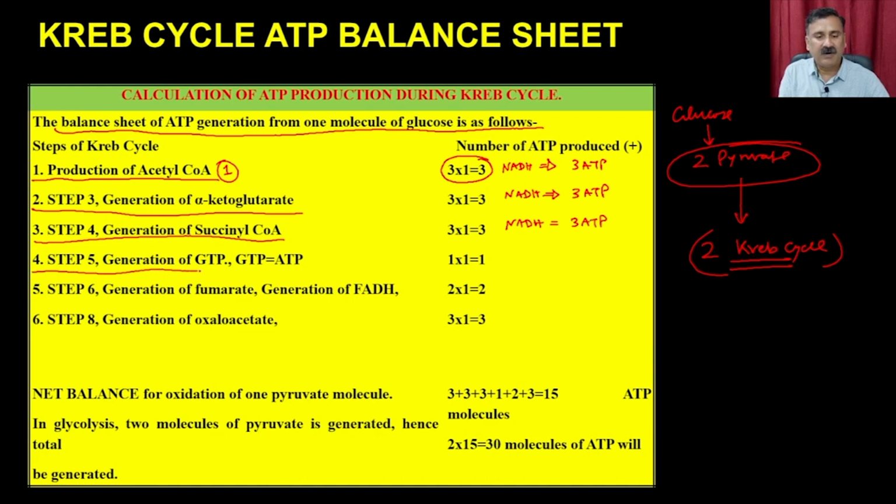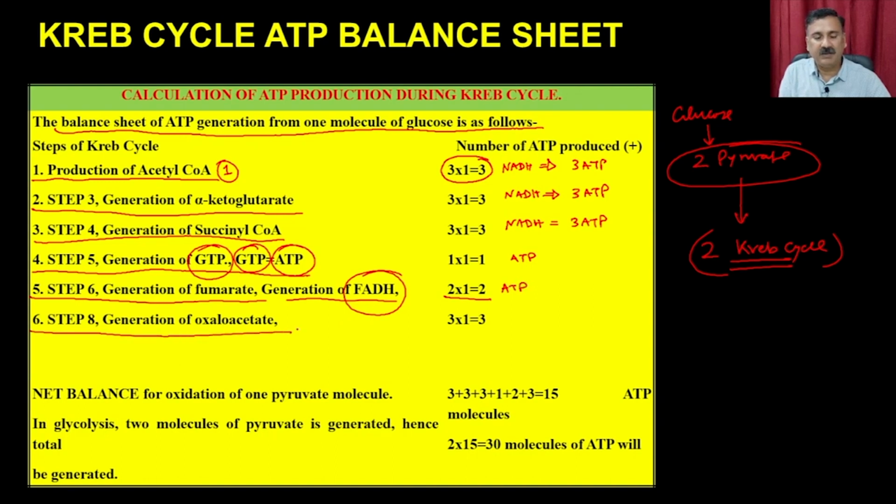Then in step number 5, there is a generation of GTP, and the energy of one GTP molecule is equivalent to an ATP molecule, and that's how one molecule of ATP is produced. Then in step 6, generation of fumarate, so generation of FADH2, right? And FADH2 actually produces two molecules of ATP during the electron transport chain, so it is going to give you two molecules of ATP.